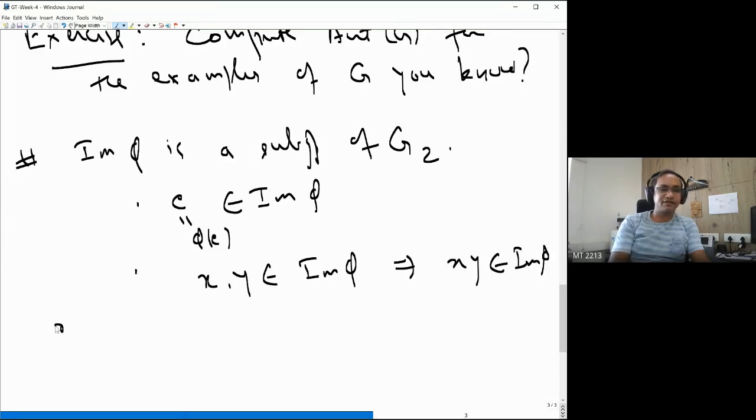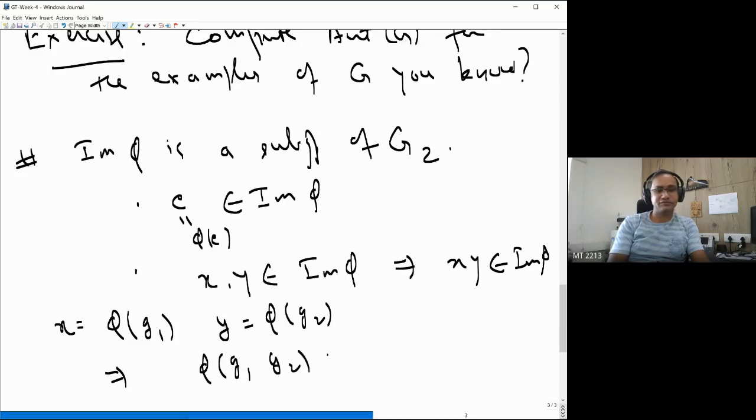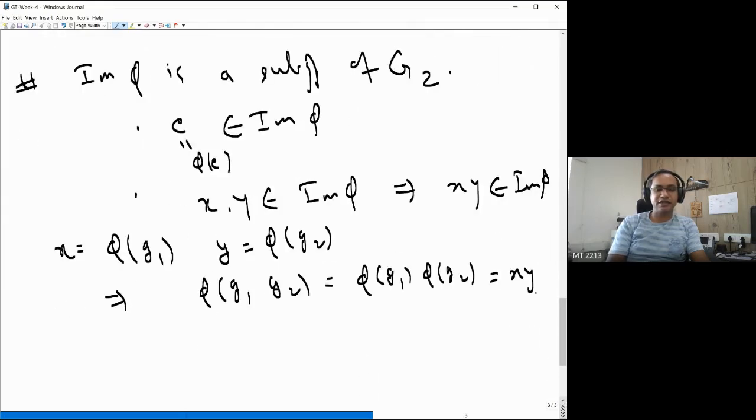Let's say x is phi of g1 and y is phi of g2. Then we look at phi of g1 g2. By the definition of group homomorphism, it is phi of g1 into phi of g2, which is equal to x into y. So you can see that xy also belongs to the image of phi.